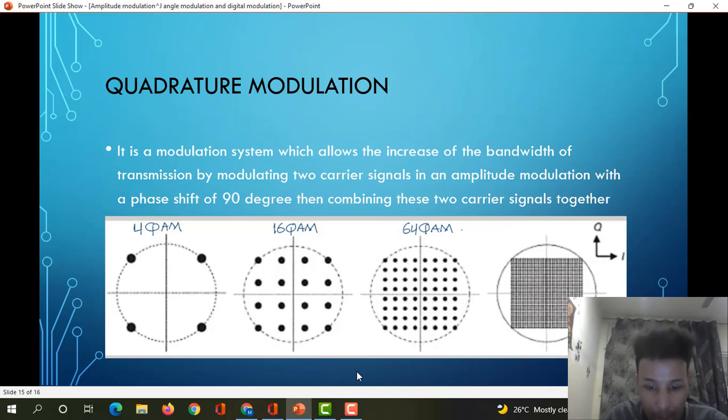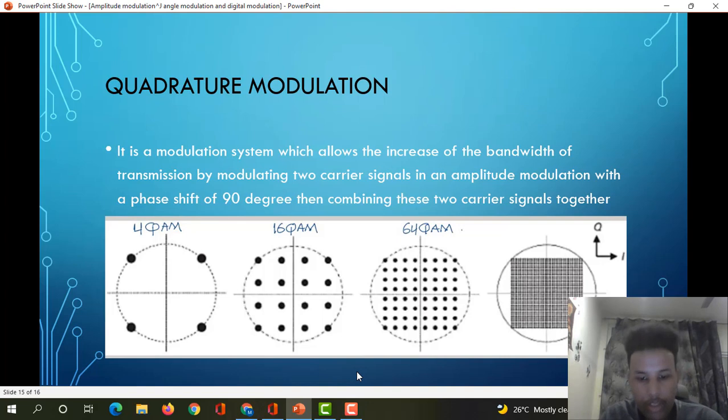If you analyze 1 symbol of the transmitted modulated signal, you will get 2 bits of data value. The next system is 16 QAM. Each dot has 4 bits of data.